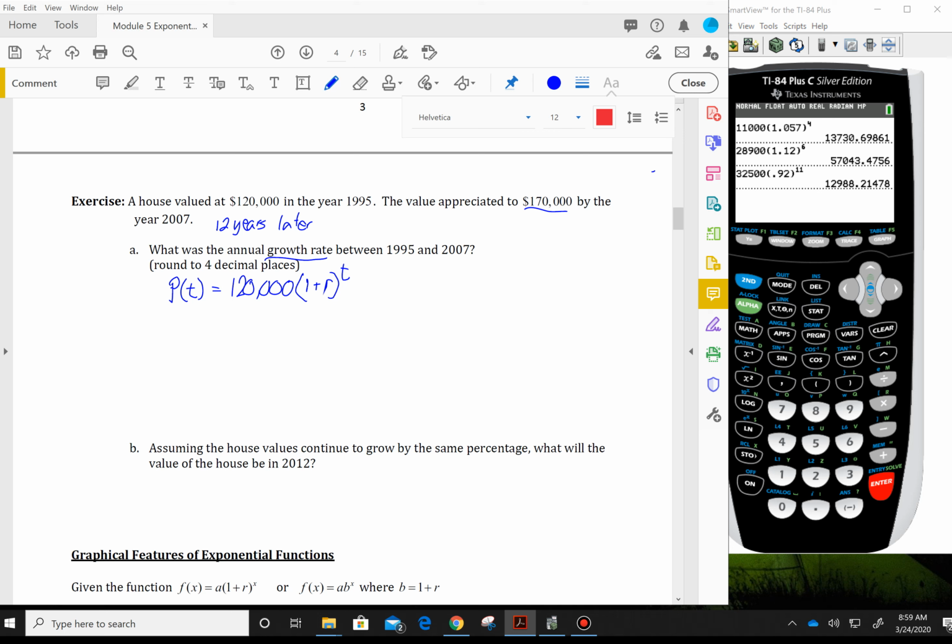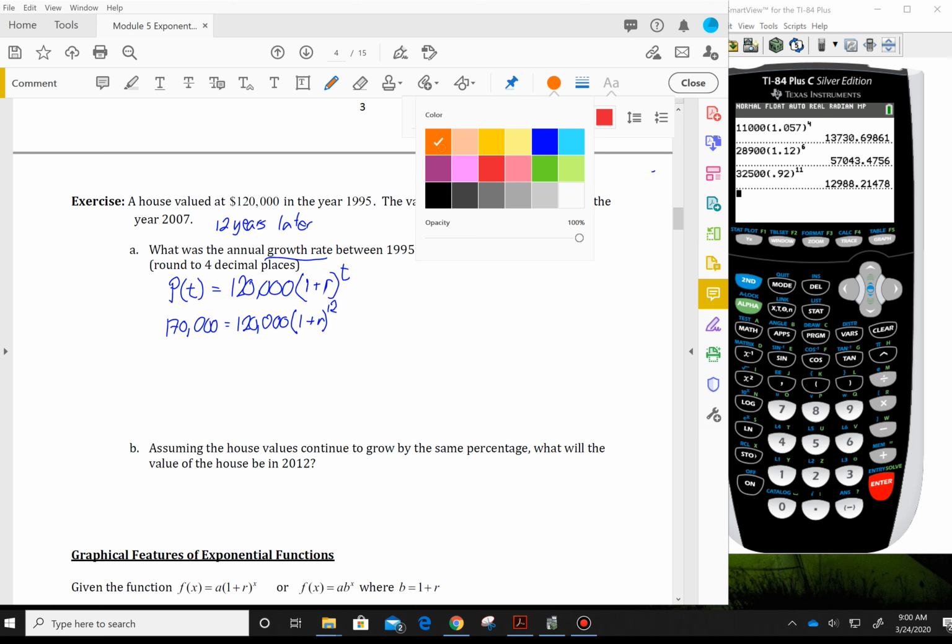So we can write then 170,000 would equal to original 120 times your growth multiplier raised to the t, but here t is going to be 12 years. And now I'd like to solve for r. So let's first divide both sides by this 120,000.